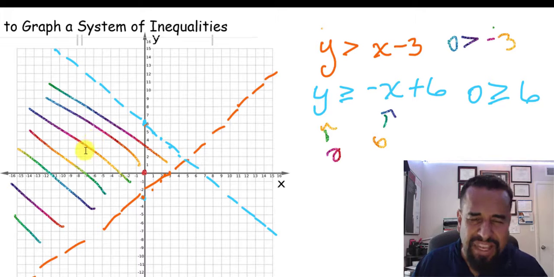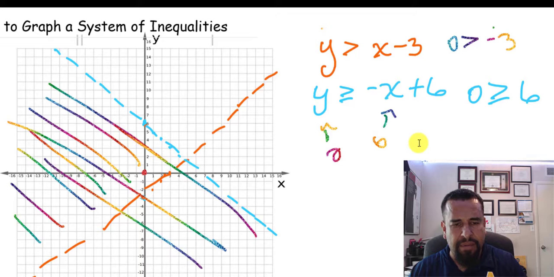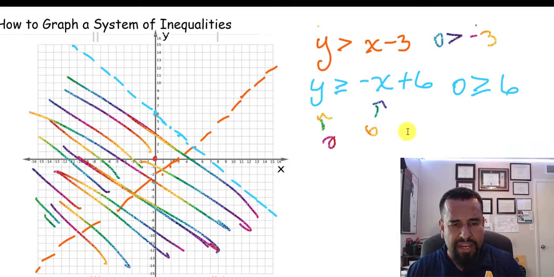Let me show you something that I should have done. I assumed that the answer was going to be up here on this one when I shaded it. But because my origin was here, what I actually should have shaded was this entire thing, because all these values make that one inequality true.